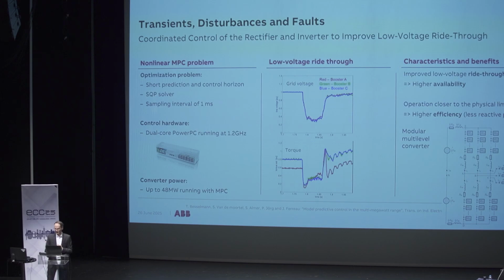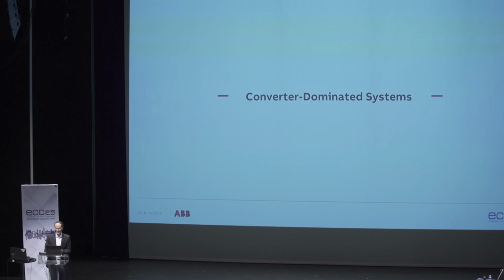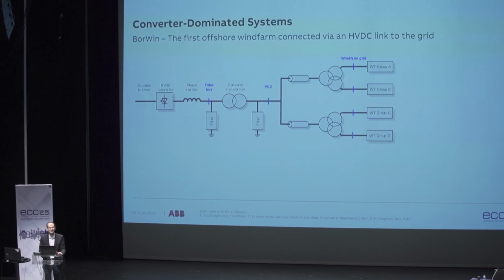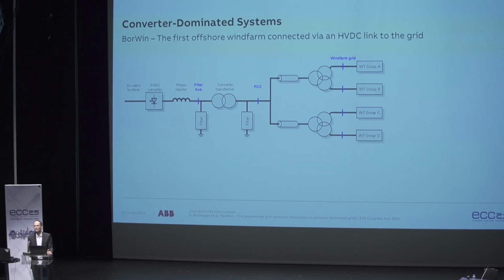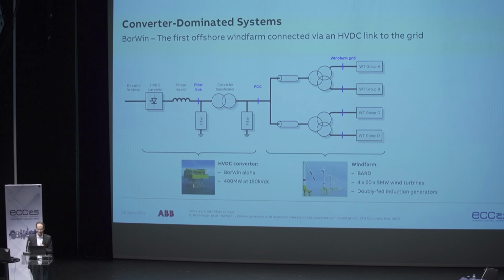The last topic I wanted to talk about is our converter-dominated systems. And one fairly prominent example is the first offshore wind farm that was connected to a high voltage DC link to the grid. So you have here on the right-hand side groups of wind turbines. You always have 20.